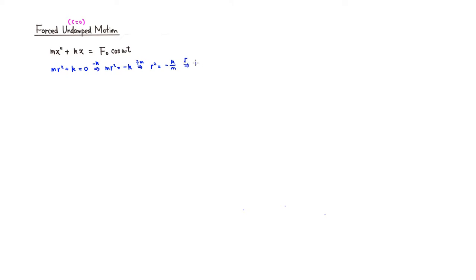So you can see that r is going to be an imaginary number: plus or minus square root of k over m times i, right? So I'm going to call this square root of k over m omega 0. So this is just going to be plus or minus omega 0 i, right?